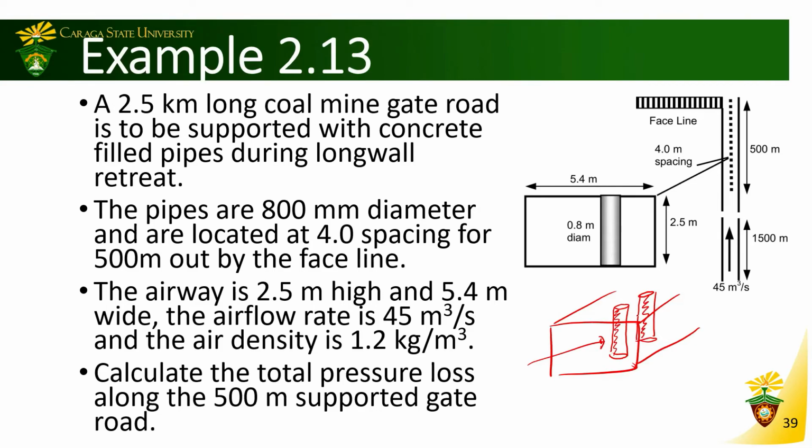So we are going to determine the pressure loss due to the obstructions as well as the pressure loss due to the friction of the rubbing surfaces, this one, as well as the floor. So total pressure loss is what we want to calculate.